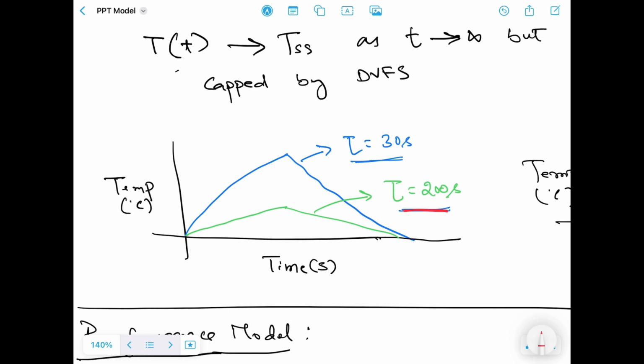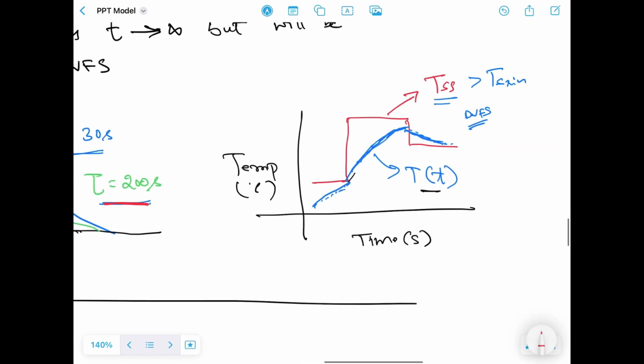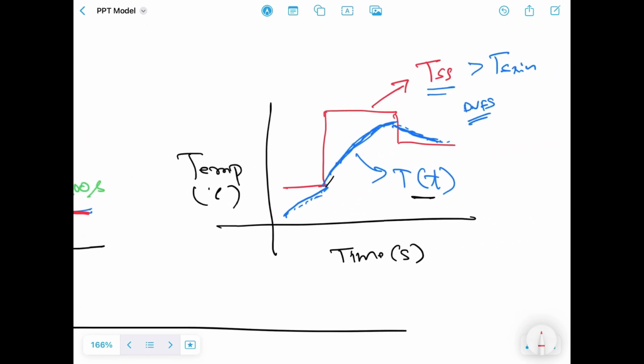And the other thing to highlight here is that if we have a very idealized curve for the steady state, which is the red plot here, then the rise or fall in the temperature in the system will follow this RC curve, every time trying to catch up to the steady state, and obviously this is going to be capped by DVFS if the steady state temperature goes above the skin temperature.